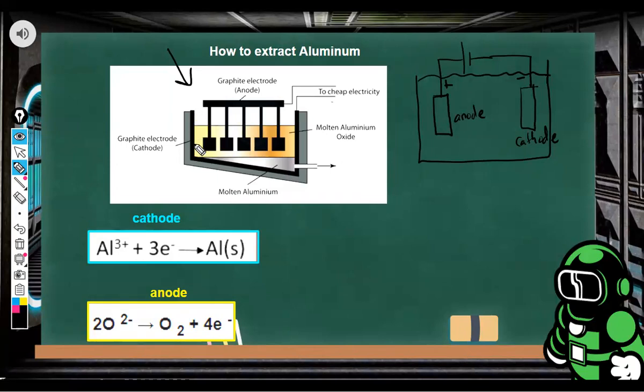This part here is just a different shape, right? It's a big container, and the lining of the container is connected to the negative side of the electricity. So this here is the cathode, and the anode is connected to the positive side.